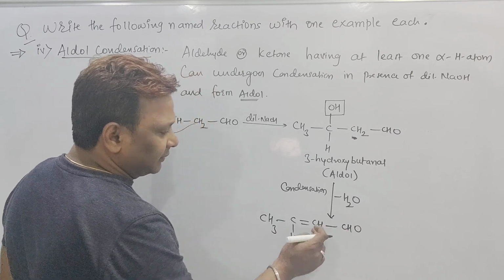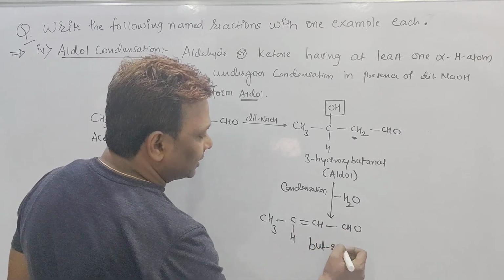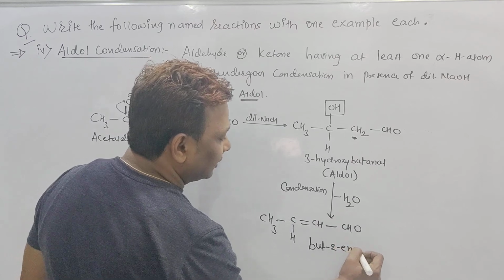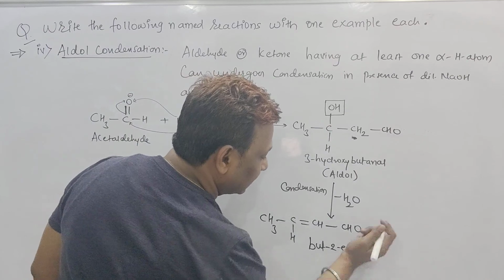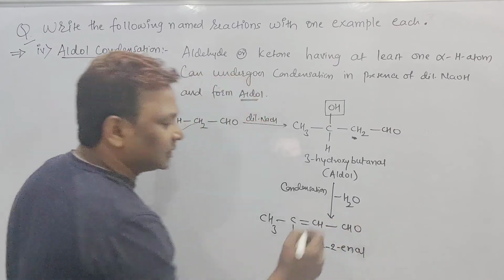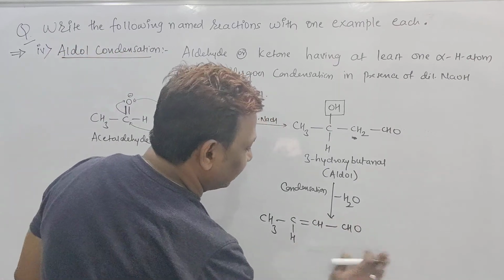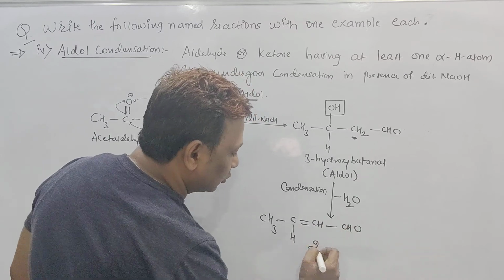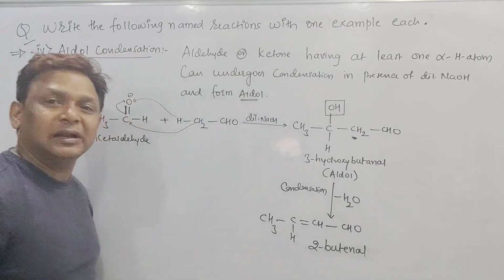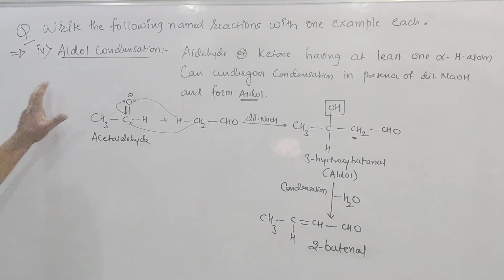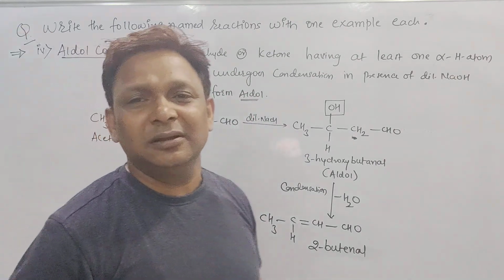Double bond present between 2 and 3. So 2-ENAL. En and Al because it is an aldehyde. Or in a simple way, we can write 2-butenal because the aldehyde group is there. So this is a complete aldol condensation product.